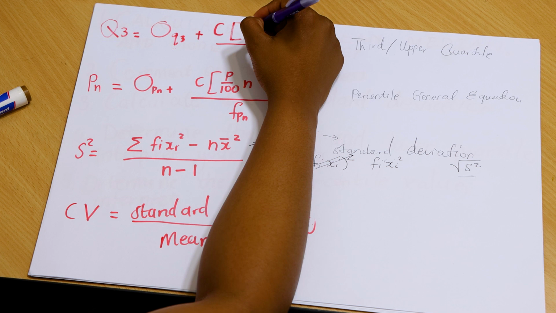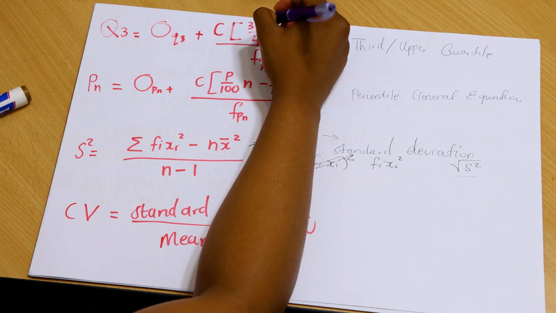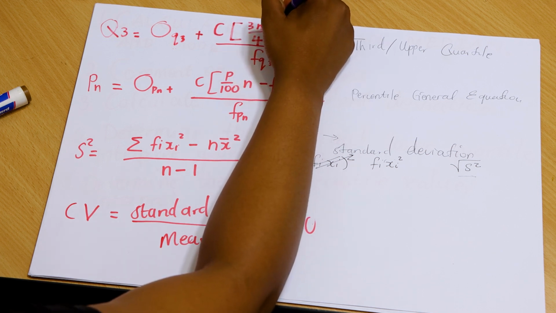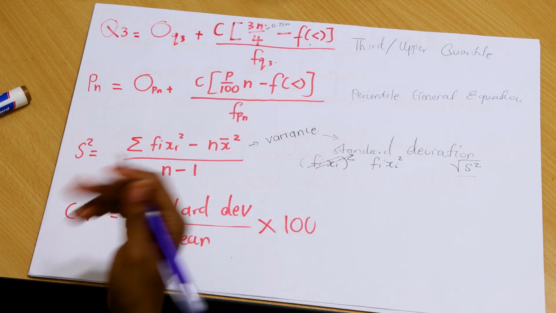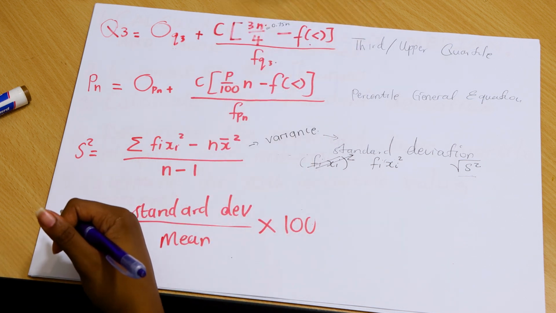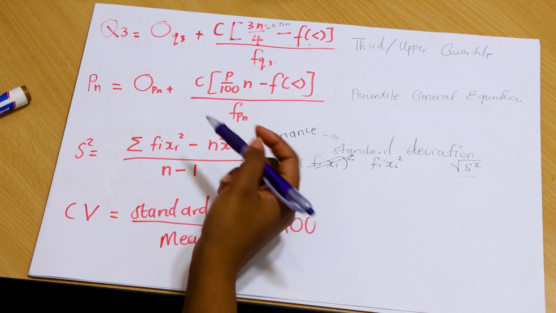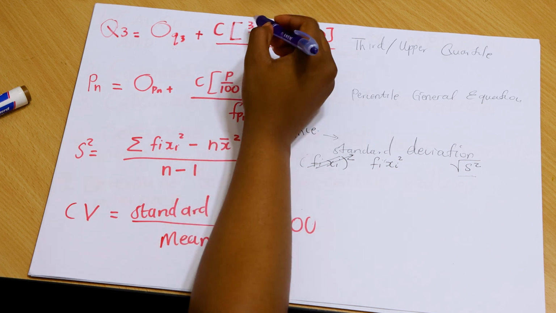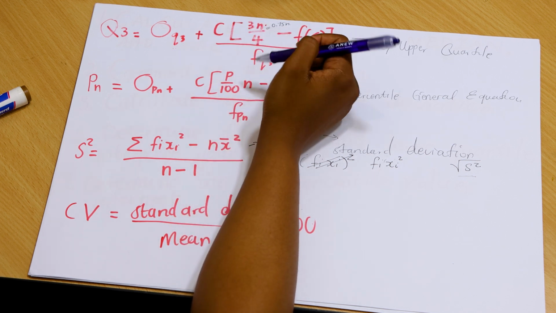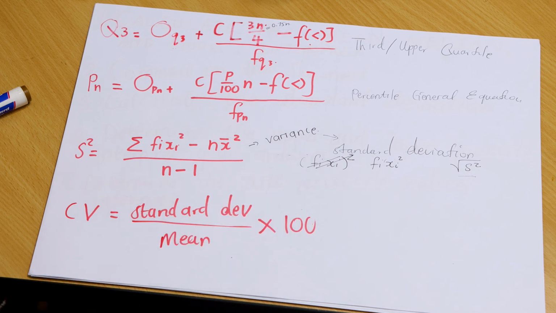As you see, it's 3/4n, which can be written as 0.75n. Now the pattern is that for each and every percentile in this equation, you substitute by the percentage next to n, right? So that takes us to the percentile, which we can use for any sort of percentile they can give you. It can be the 80th, the 63rd.